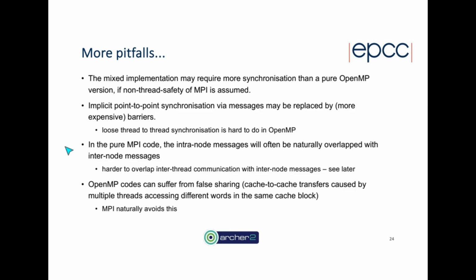When we have pure MPI, then in most applications, when we run across multiple nodes, some messages will be inter-node. In other words, communicating between MPI processes on different nodes, and some will be intranode. Those are MPI processes communicating with other MPI processes on the same node.